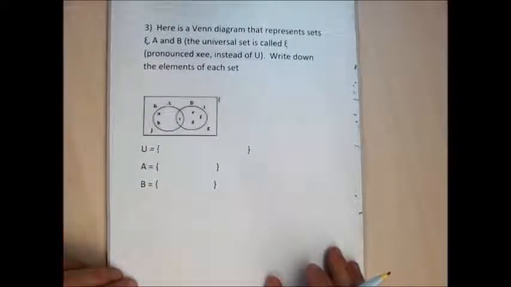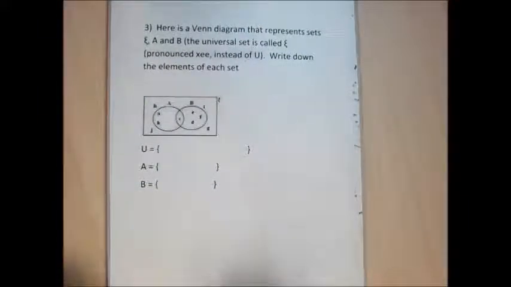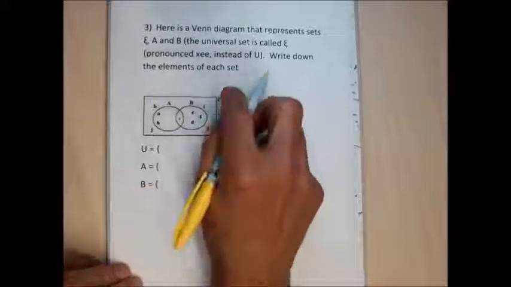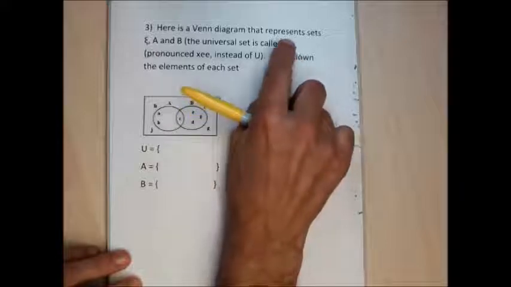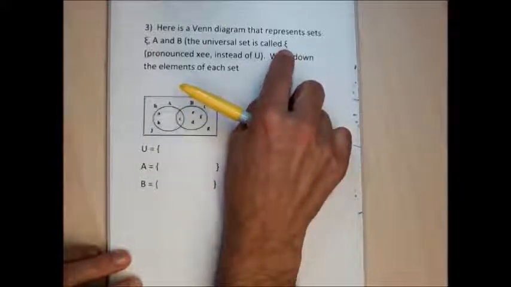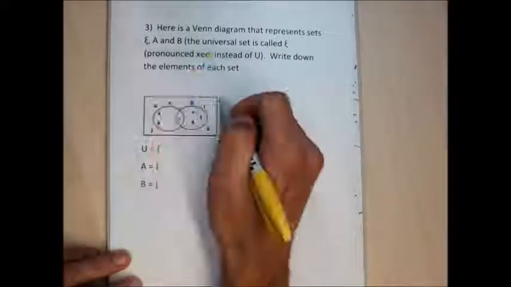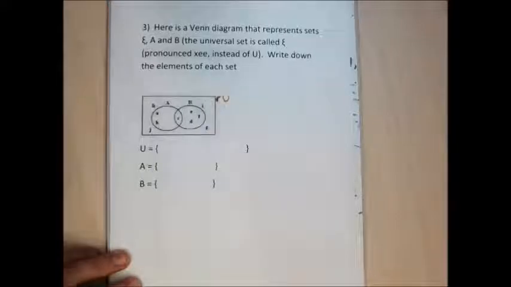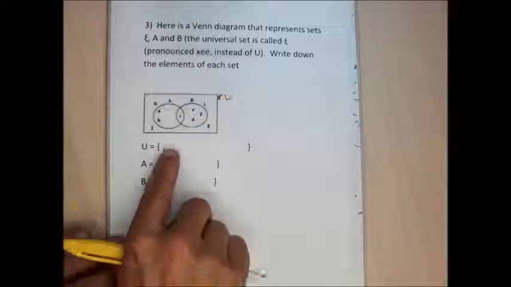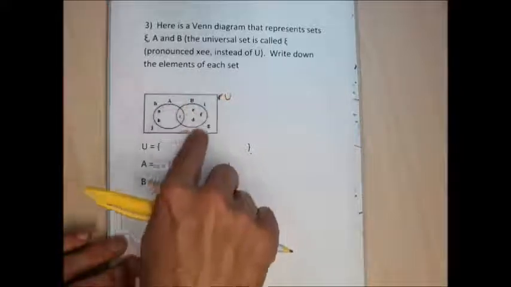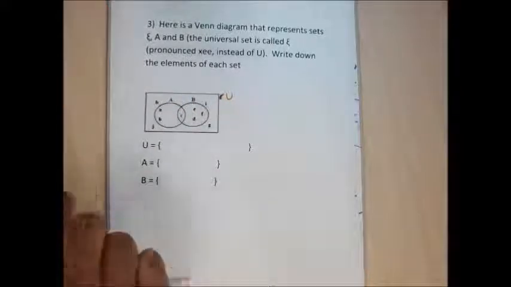I'm going to flash up question 3, which is a friendly one. And instead of the universal set being given the letter U, it gives the letter Z, which is I guess a Roman numeral. But let's just call this U. So this whole set is the letter U, and you're supposed to write down the elements of set A, the elements in set B, and the elements in the universe.